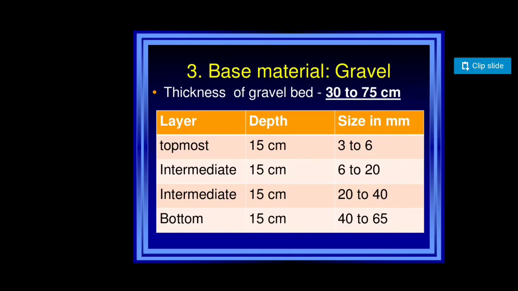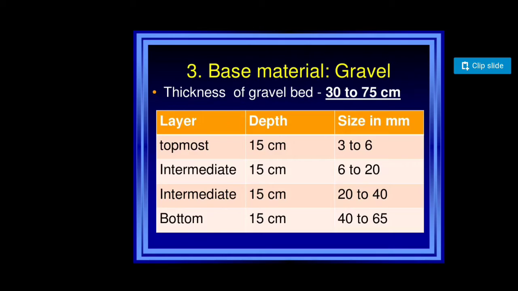So what is the base material? The base material is obviously gravel, up to a depth of 30 to 75 centimeters, which does not add to the filtration process, but is there to support the sand over it, right. It does not let the sand, which is acting as filter media, wash off with the flow.